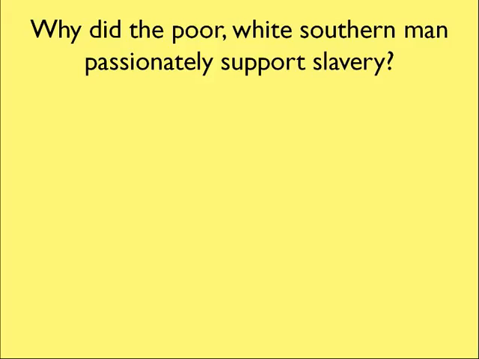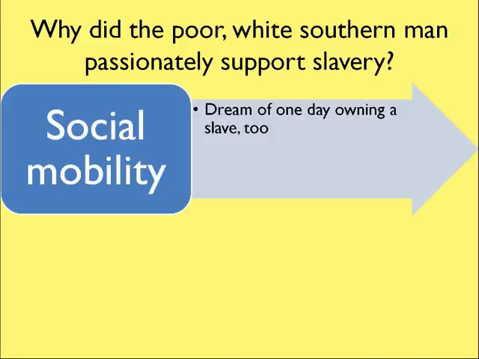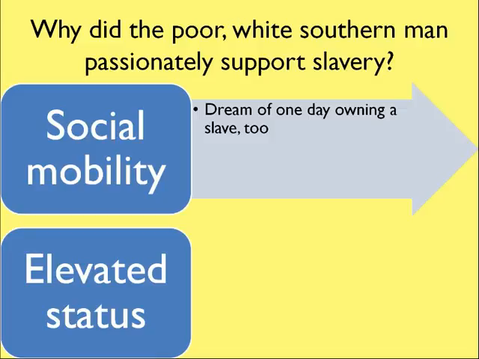Now, why would this group, poor, why would they passionately support slavery? And they do. And they're the ones who are going to be defending in the Civil War and volunteering and fighting to the last man to continue this system. Well, one, they see that there is the ability to move up in society, that I can have a slave too at some point. And then there's the elevated status, and this comes down to racism.